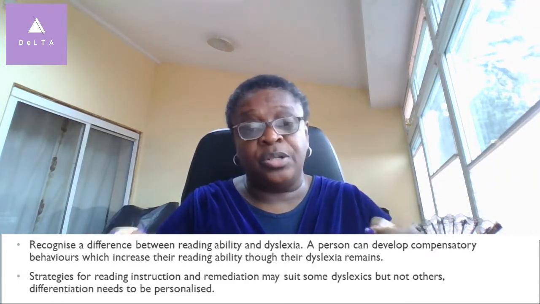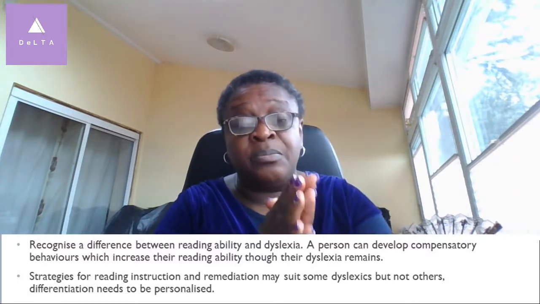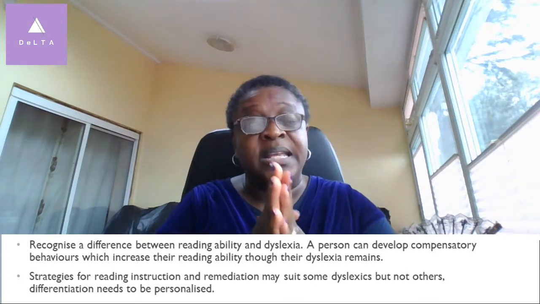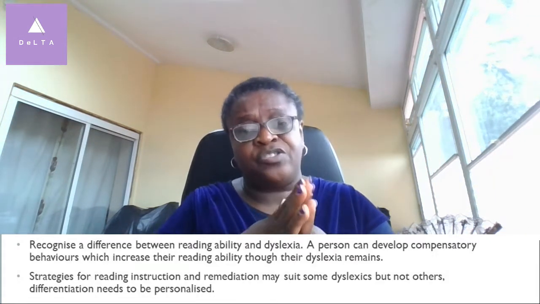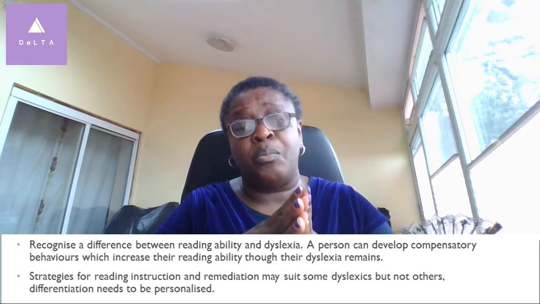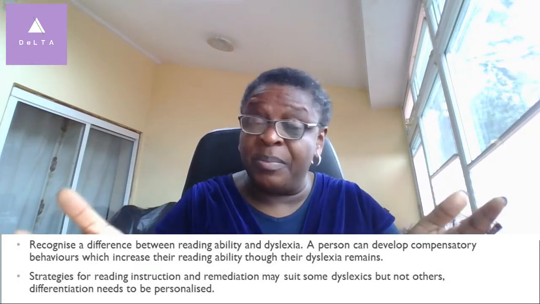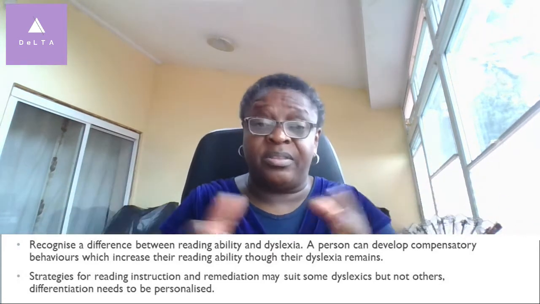So differentiation, those strategies that we put in place to meet the needs of dyslexic learners, needs to be personalized. And I agree that is quite a challenge in a mainstream school where you have 30 students or more. Well, if we're talking about African schools, definitely you have a lot more than 30.